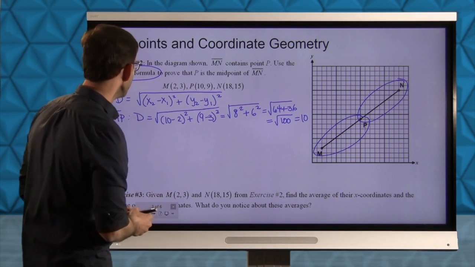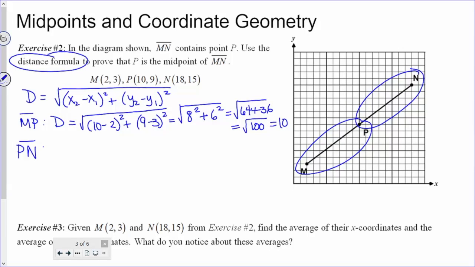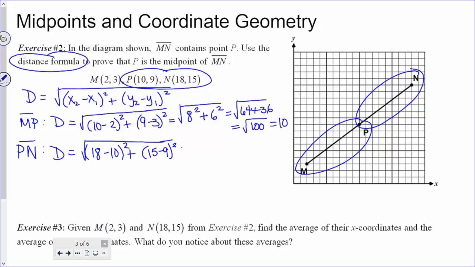Alright, let's go through it. So PN. Okay, I'm going to use these two points now. The distance will be 18 minus 10 squared plus 15 minus 9 squared.